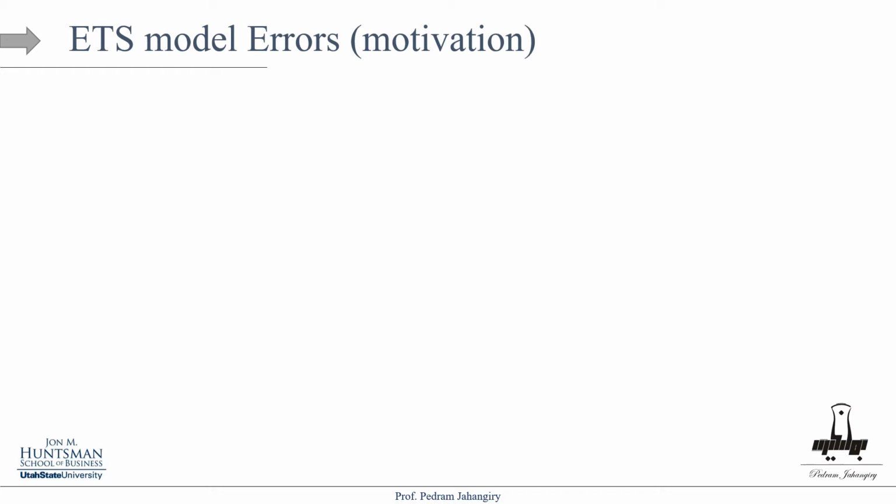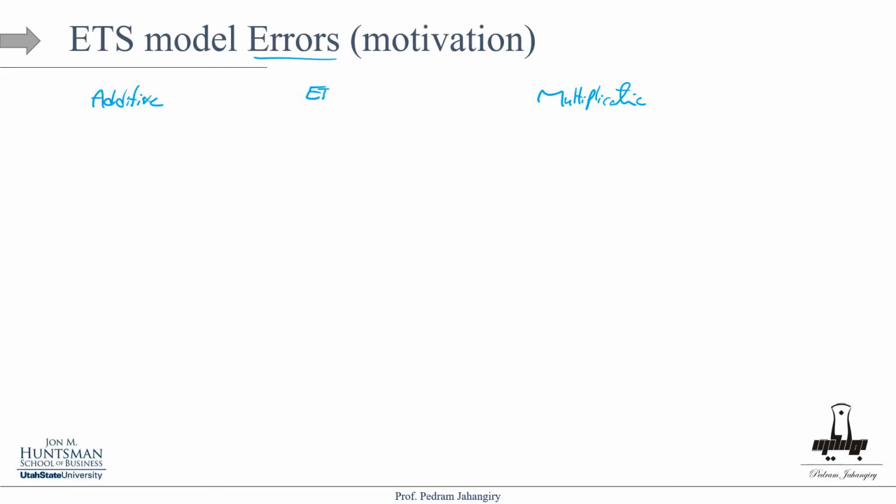Okay, now let's talk about the ETS model error details. We said that we can have these errors in an additive versus multiplicative way. Now let's stick to our simple ETS.